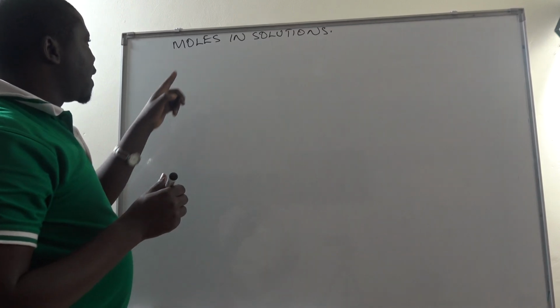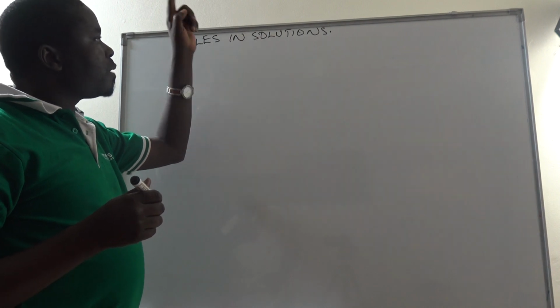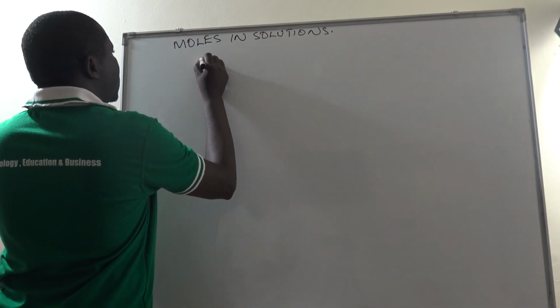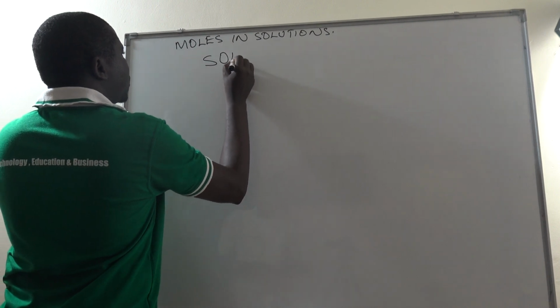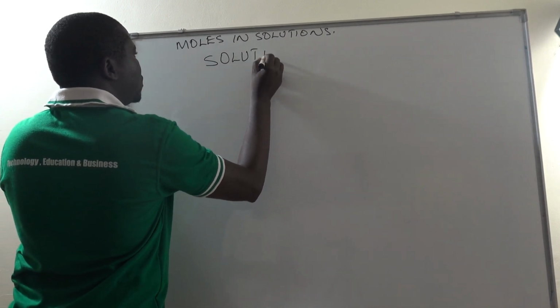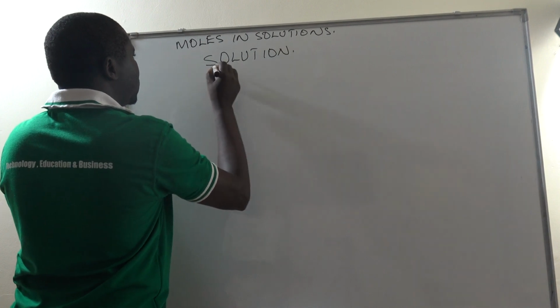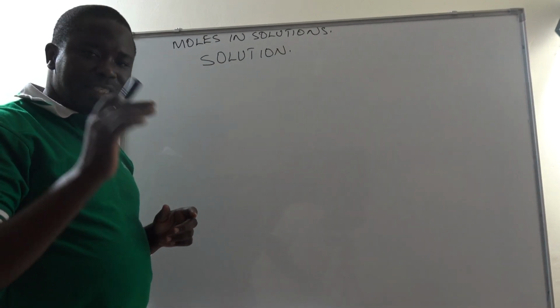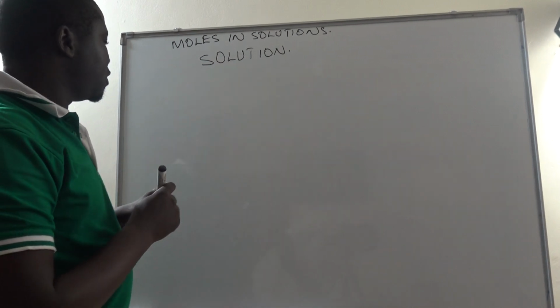As we go to look at moles in solutions, we need to understand what these solutions are. So, let us see what we call a solution. We are going to look at a solution based on how a solution is formed.